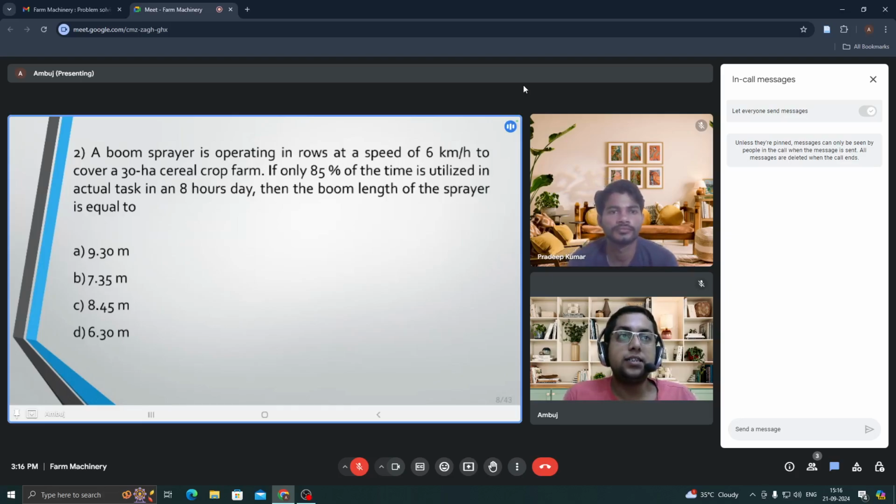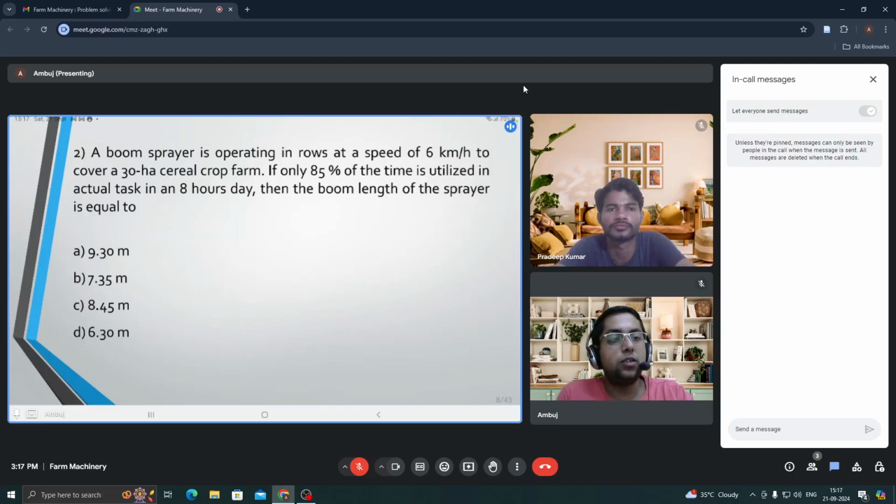Field efficiency is actual field capacity upon theoretical field capacity. Theoretical field capacity is S into W divided by 10 hectare per hour. Actual field capacity you can calculate here: 30 hectare is being covered in 8 hours, so AFC would be equal to 30 by 8.